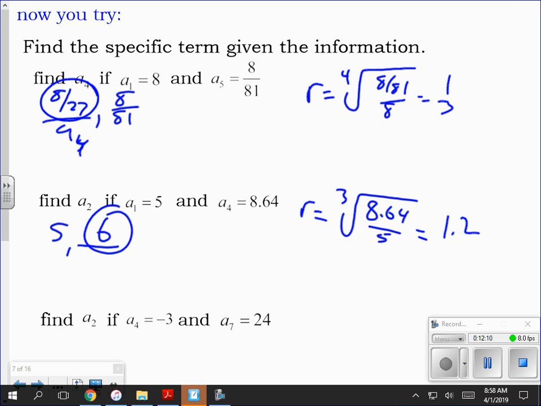Yeah, you could divide first. Take 8.64, divide that by 5, and then take the cube root of whatever number you get from that. That works too. All depends upon what you want to type in and how you want to do it. So, this is exactly what I just did. Literally, that's exactly how I typed that one in. You could, and I've done this before on some of mine, take 8.64 divided by 5, and that equals some number.